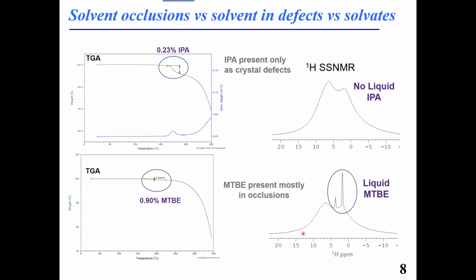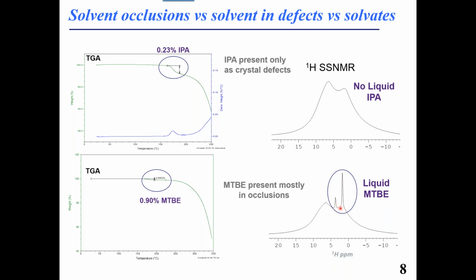So let me start on the bottom right here. What we see is this broad solid state API proton spectrum, with these two sharp peaks, which happen to be liquid, and the liquid is MTBE, methyl tert-butyl ether solvent in this case. You can see that it's very characteristic.